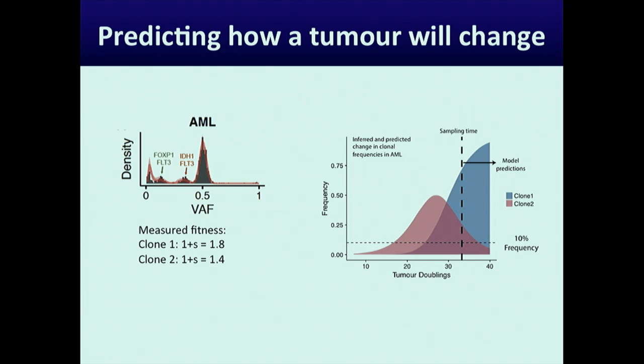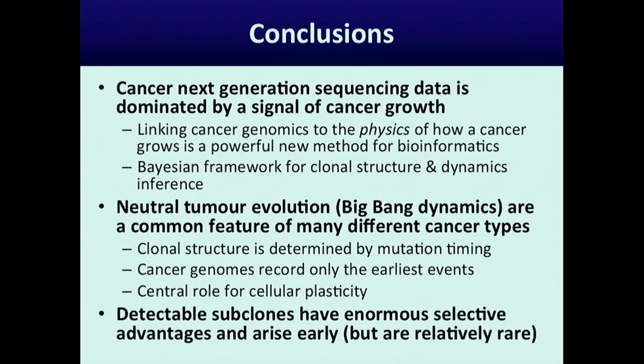This is just one toy example, but you can imagine with these kinds of predictions, we might be able to think about how to tailor treatments better in order to maximize the efficacy of the treatment, given that we know how the tumour will change anyway, even if there was no treatment applied. So this is a basis for mechanistic forecasting of prognosis in tumours.